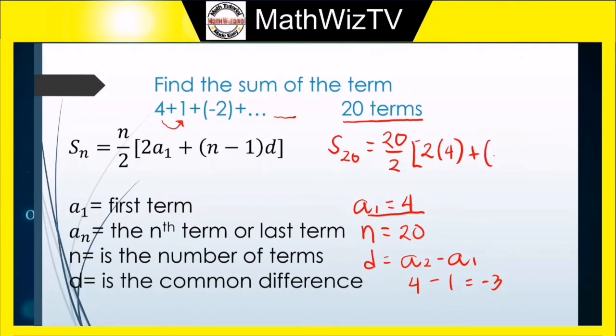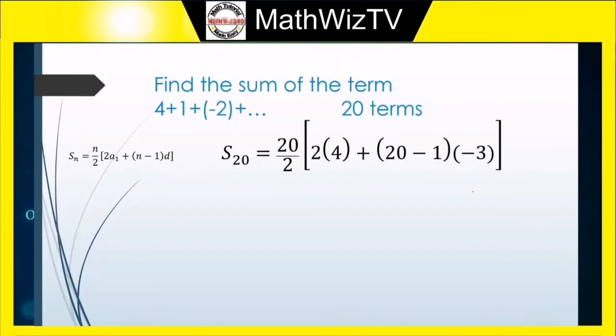So you write 20 minus 1 and then multiply it to our d, which is negative 3. And so therefore, that will be our solution. Okay, let us now try to solve.